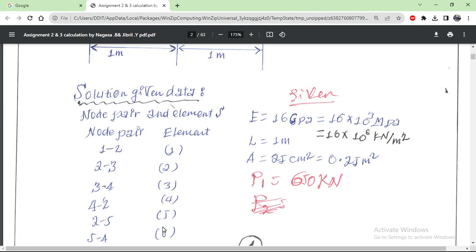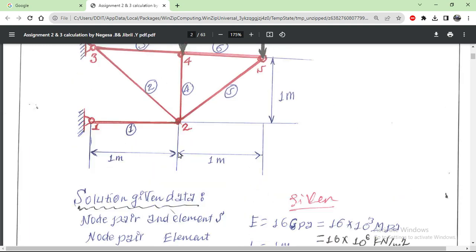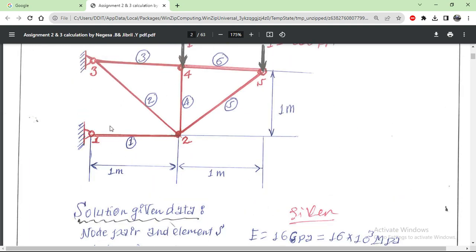And node 5 to 4 we take as element number 6. So you can see: 1 to 2 element number 1, 2 to 3 element number 2, 3 to 4 element number 3, 4 to 5 element number 6, 2 to 4 element number 4, 2 to 5 element number 5. We divide it like this.